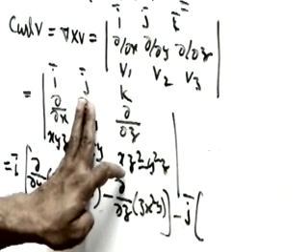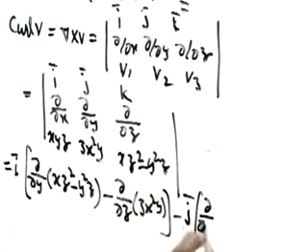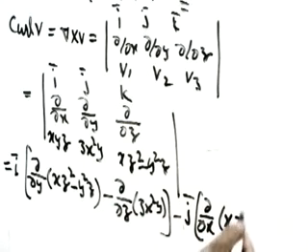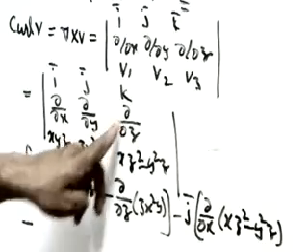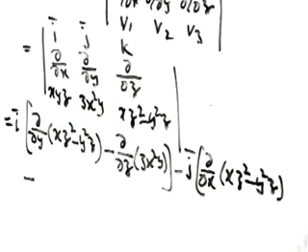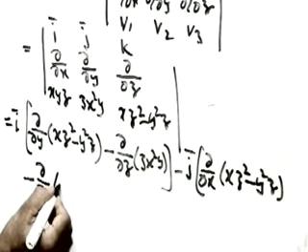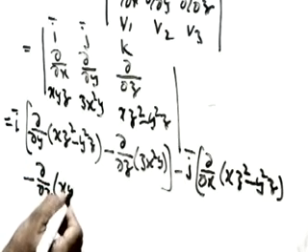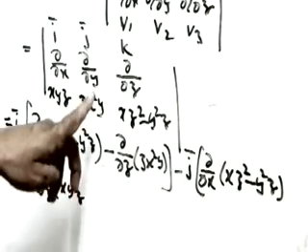Now if you take j, you must hide this one, remove. Now multiply this into this: ∂/∂x of xz square minus y square z, minus what these two we have to multiply: ∂/∂z of xyz.